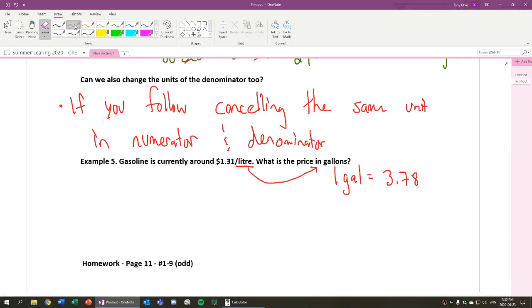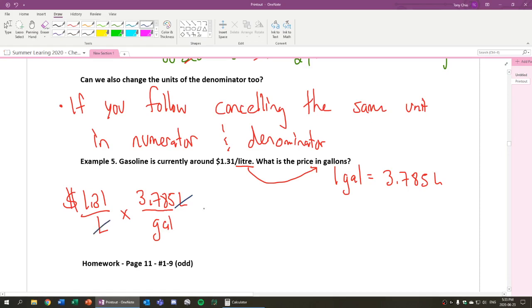So we have our conversion factor. We just now need to convert it. So I write out 1.31 per liter. And I want to multiply this by my conversion factor. Where should gallons go? Well, if I have my liters on the bottom, I want to convert liters to gallons. I should put this 3.785 liters on top. Because by doing that, my liters will cancel out.